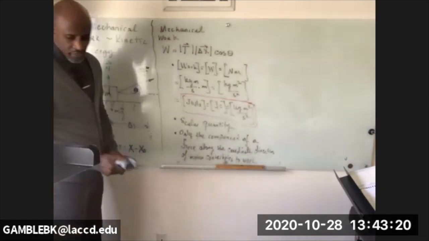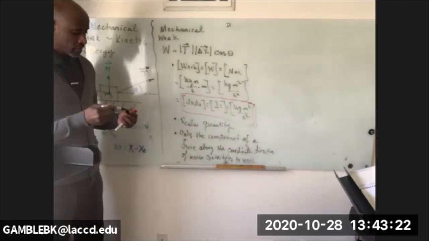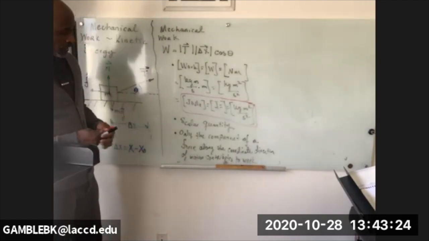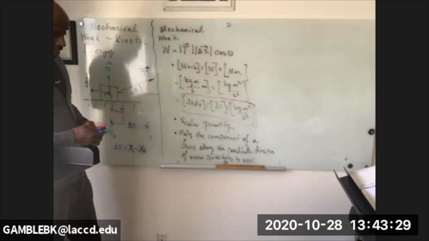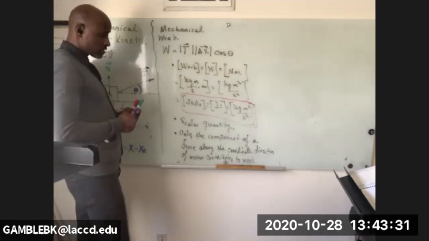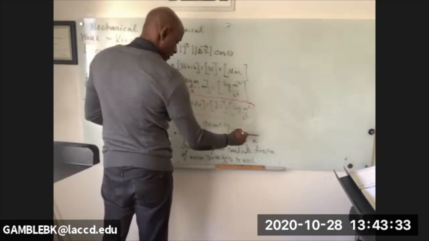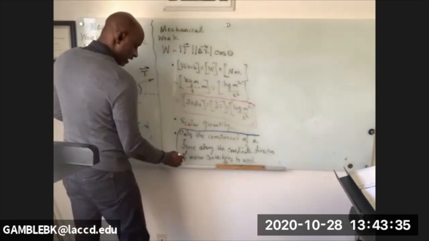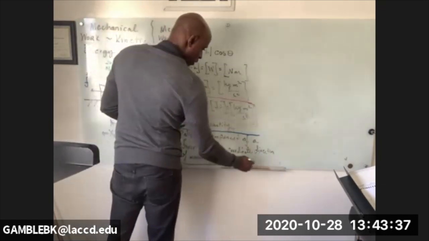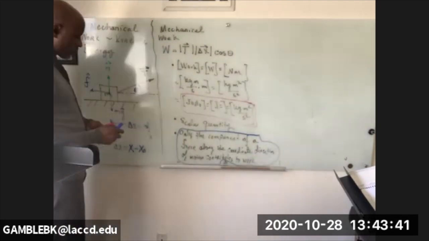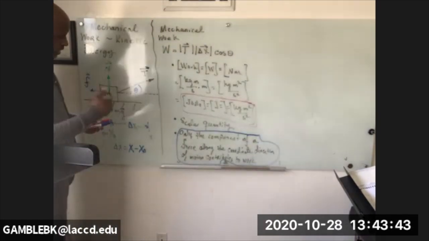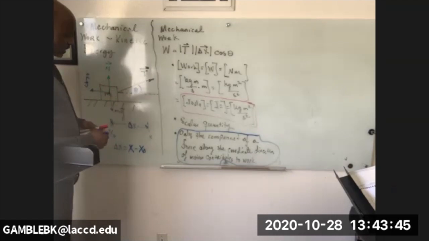Now, work itself doesn't have a direction. It's a scalar quantity. But the work is done by a force, and a force does have direction, as does the motion of the object. So what we're saying is that for a force, only the component of the force in the direction of motion, or along the coordinate direction of motion, contributes to the work.